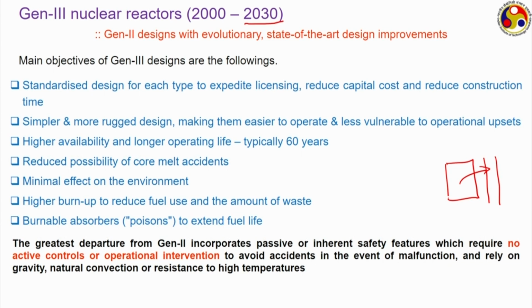But if we design it properly, then we can take the help of natural convection. You probably have studied that in heat transfer. As energy is supplied to some fluid, its temperature increases and accordingly its density decreases.